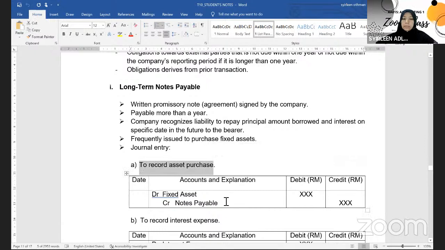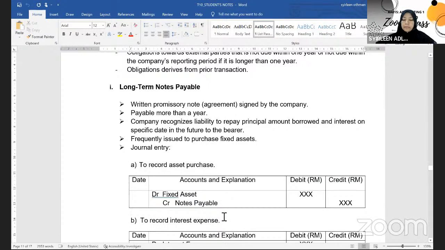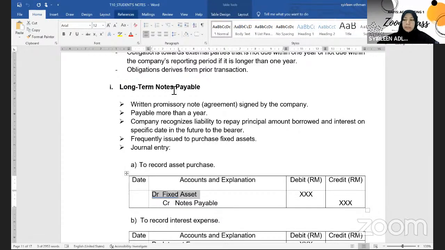Normally for this asset purchase, kita tak akan credit accounts payable, because the amount of payment that you need to make is higher. So kita akan issue a notes payable. Instead of crediting your accounts payable, kita akan credit notes payable, and then we are going to debit whatever asset that you bought using the notes payable money.